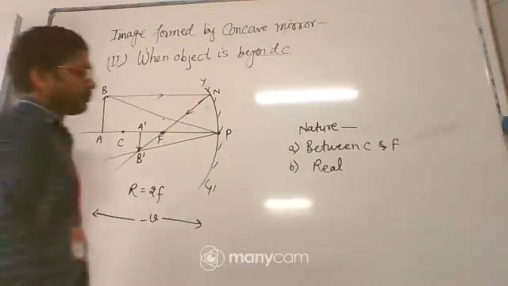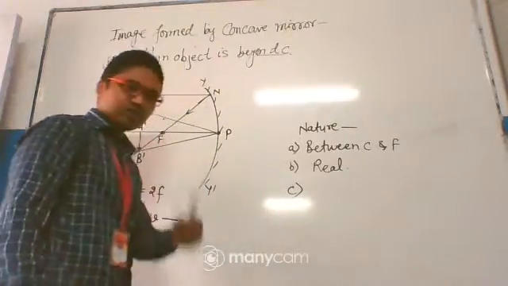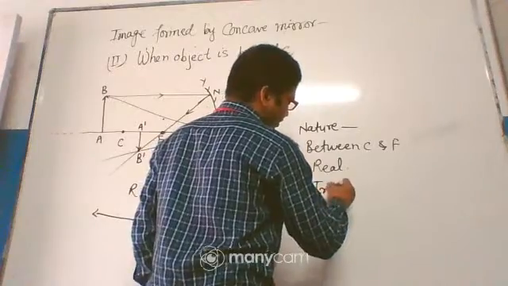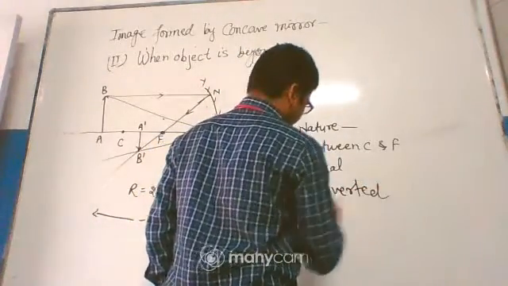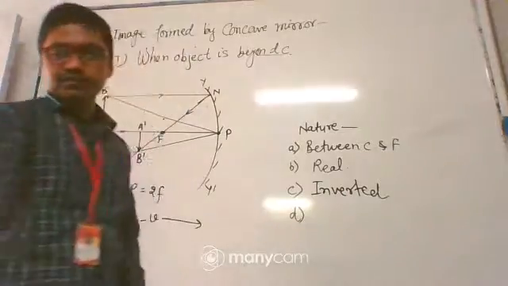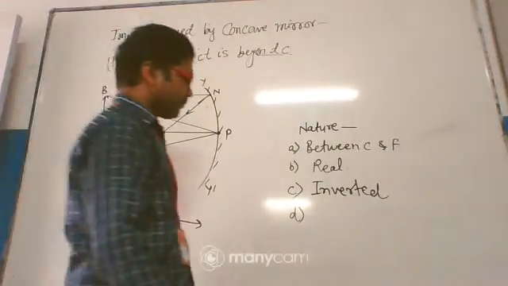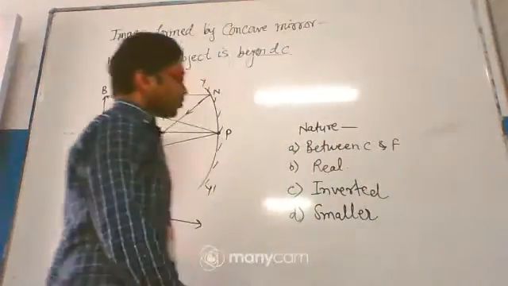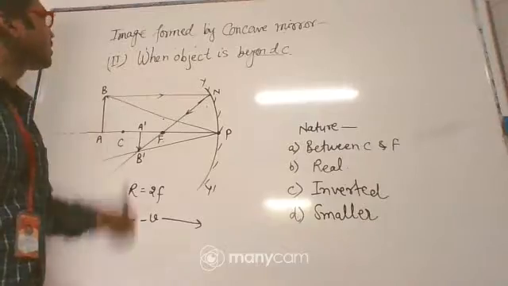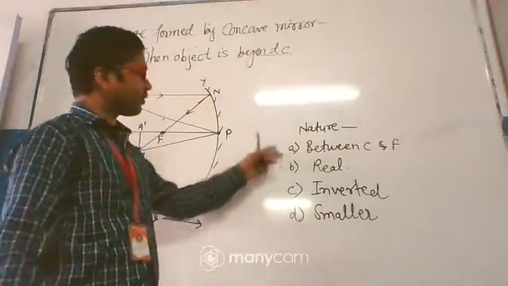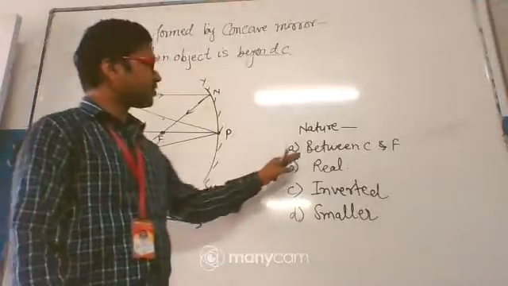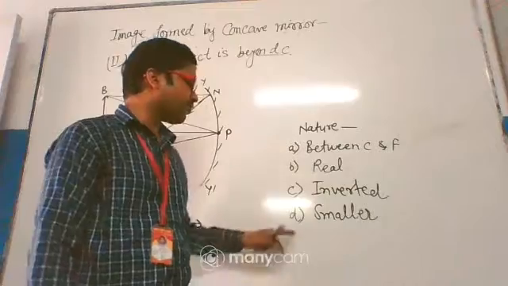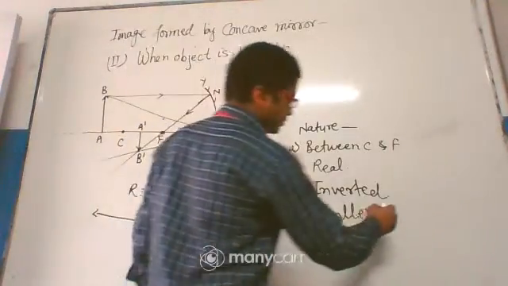Third point, the image is inverted. And the last point, that is point D, it is smaller than object. So these are the four properties, or you can say nature, of the image formed by the concave mirror. First, it is between C and F. Second, it is real. Third, it is inverted, and fourth, it is smaller than object.